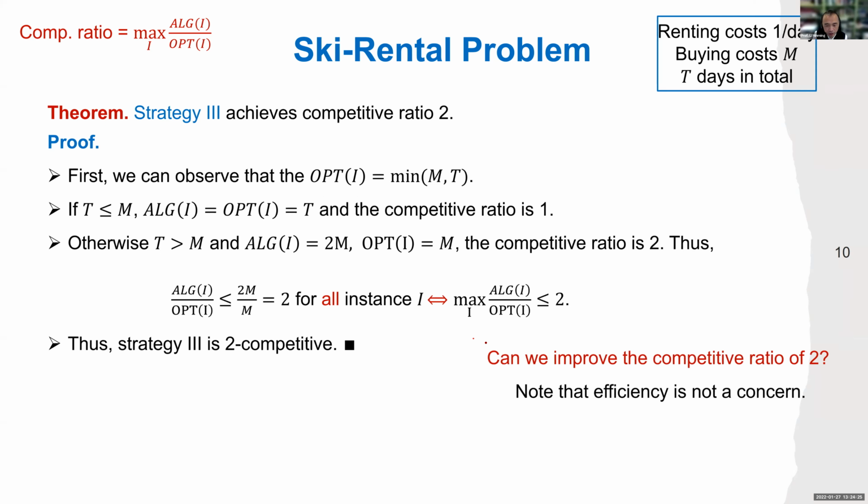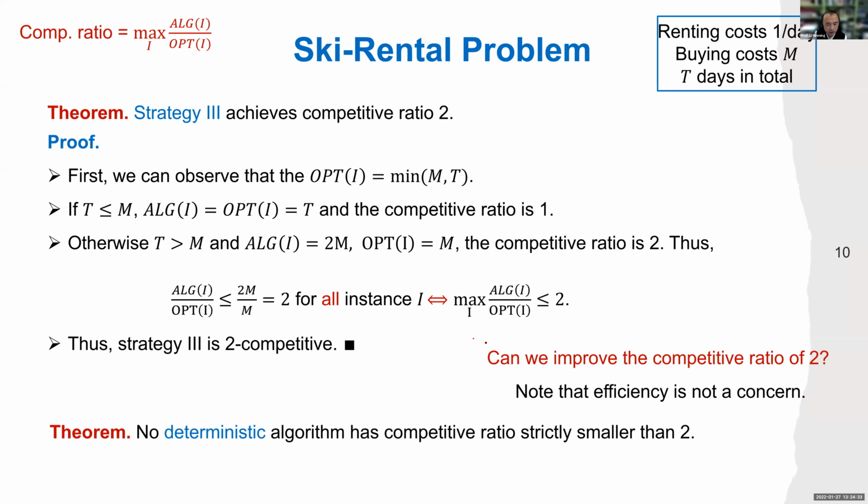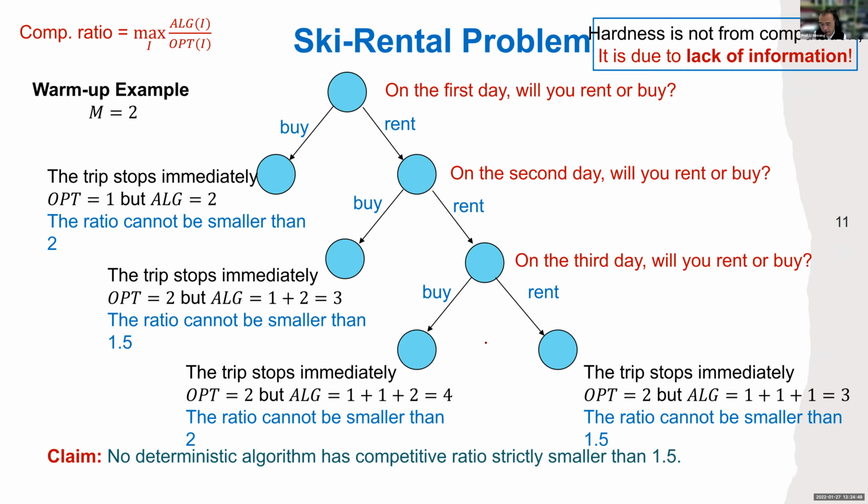Now the question, as many of you have observed, is whether we can improve the ratio. But actually, no. There's no deterministic algorithm that can give you a competitive ratio strictly smaller than 2. This is a bit harder to prove, because earlier we showed you one example, but this example can only show nobody can do better than 1.5.